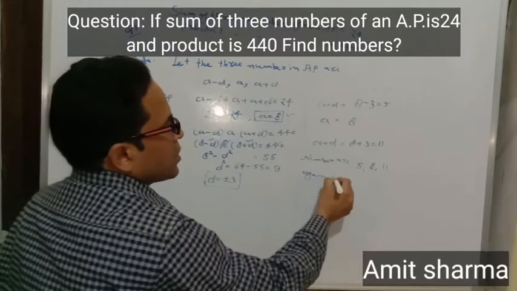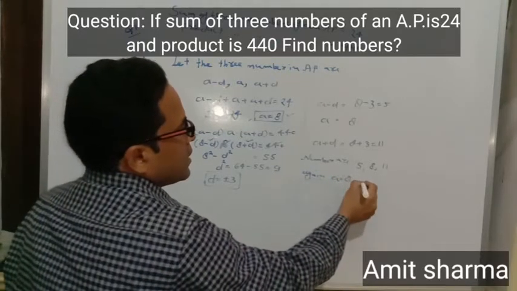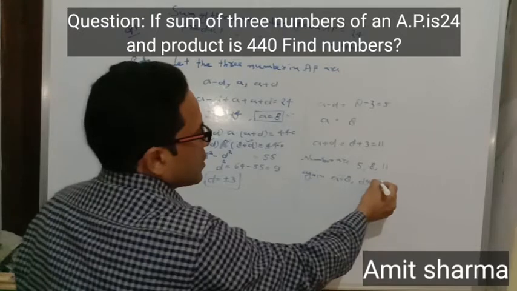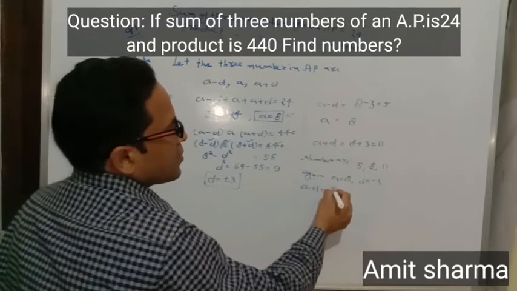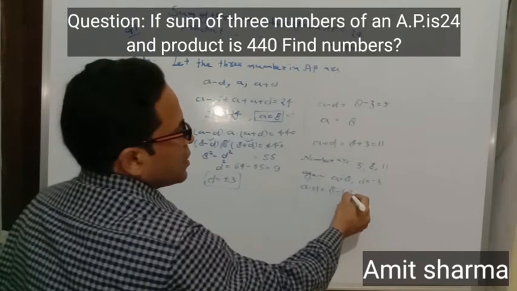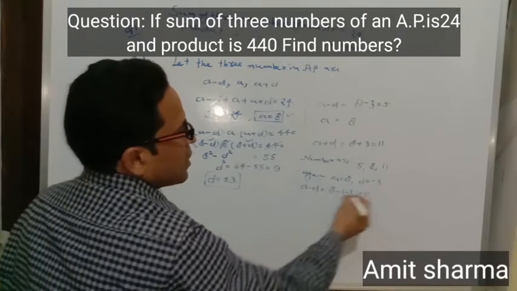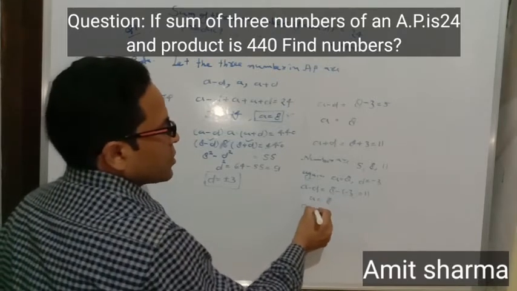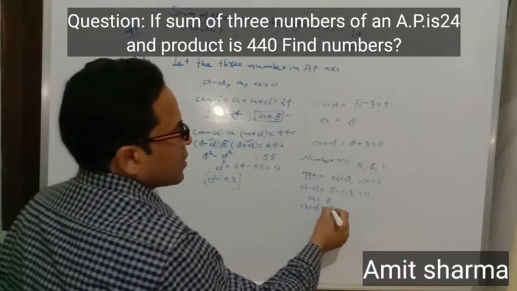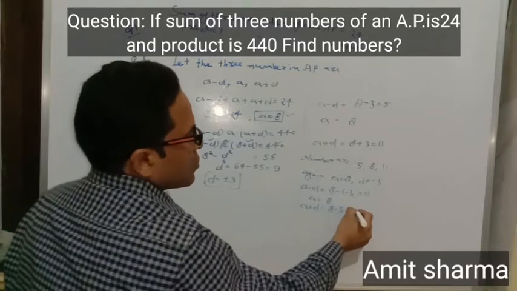Again, if you put a equals 8 and d equals minus 3, then the first number a minus d, that means 8 plus 3, that is 11, the second is 8, and the third number a plus d, a is 8, d is minus 3, equals 5.